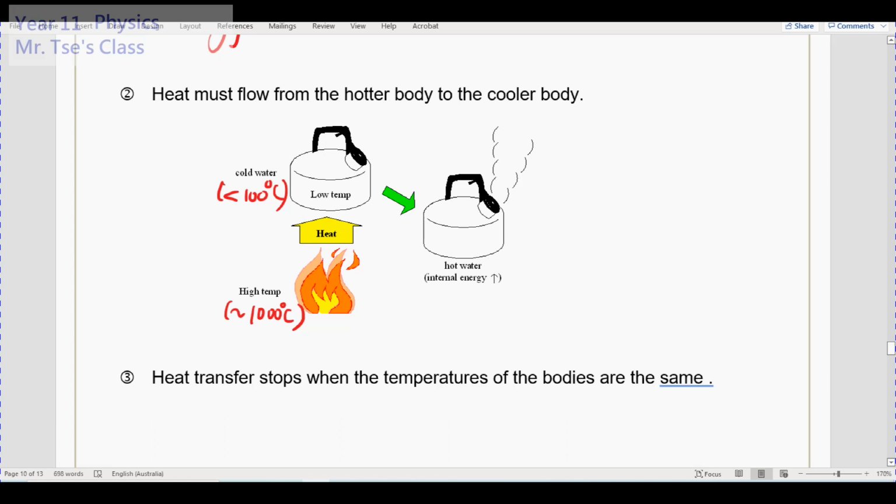The result of that heat is you will see the cold water becomes hot water. Because when you heat something, it increases internal energy. So remember, heating is one way to increase internal energy. The other way is doing work.